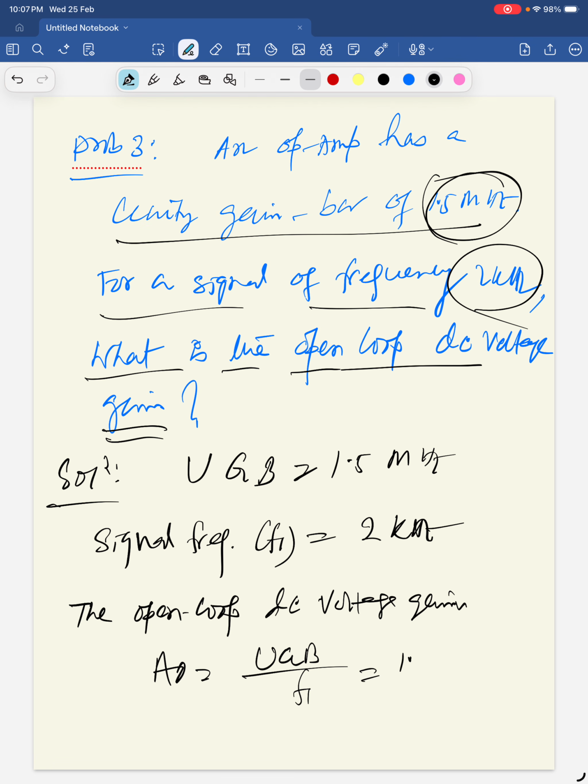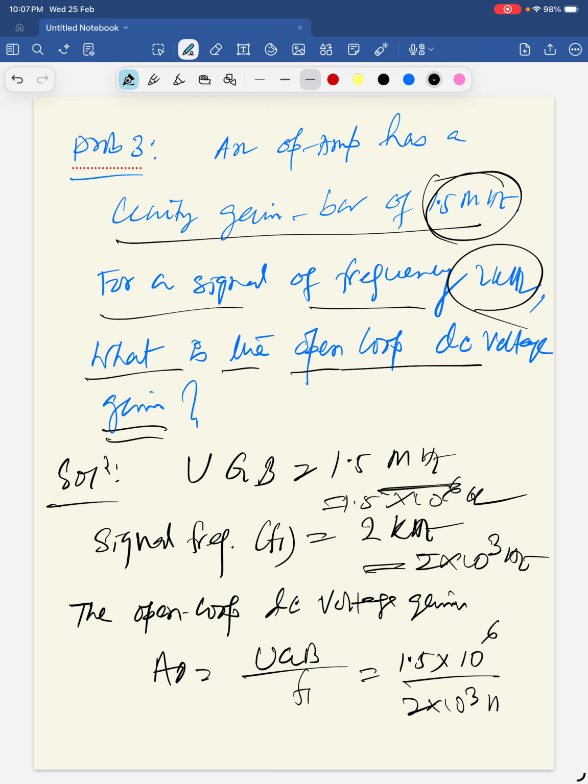Now here 1.5 into 10 to the power 6, because it was megahertz. So 1.5 into 10 to the power 6 hertz divided by 2 kilohertz, that is 2 into 10 to the power 3 hertz. So it will give you 750.